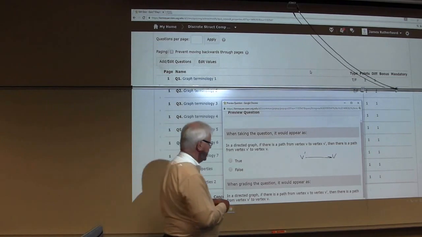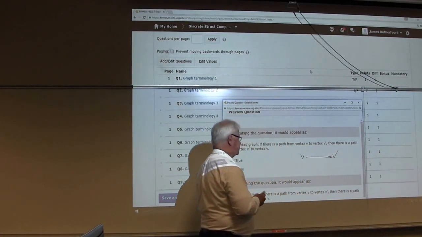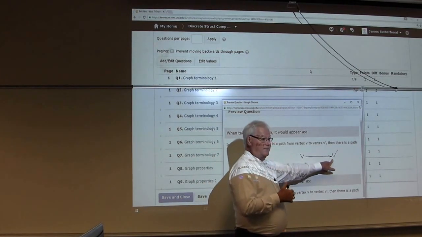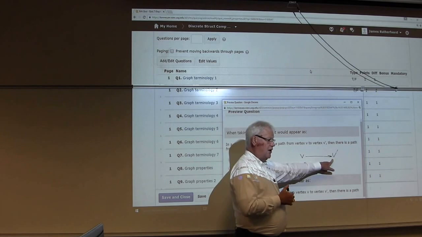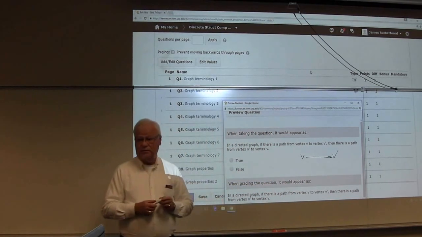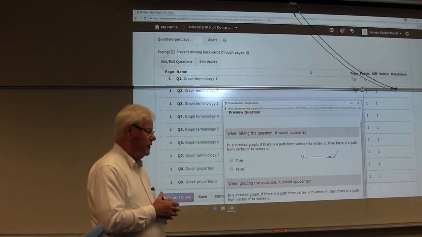Or to look at it in the way they said it? So I do have a path from V to V prime. Do I have an edge from V prime to V? No, I don't, do I? Because in a directed graph, you only mention it in the direction it's going.